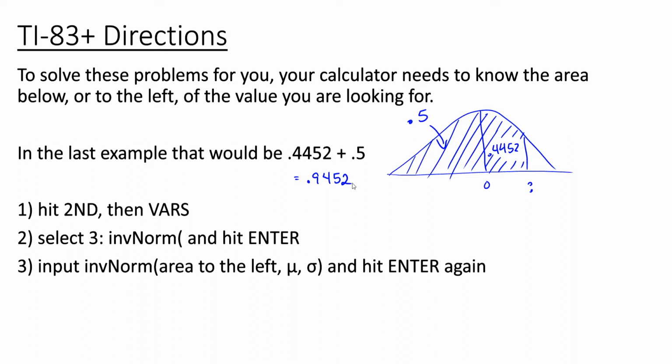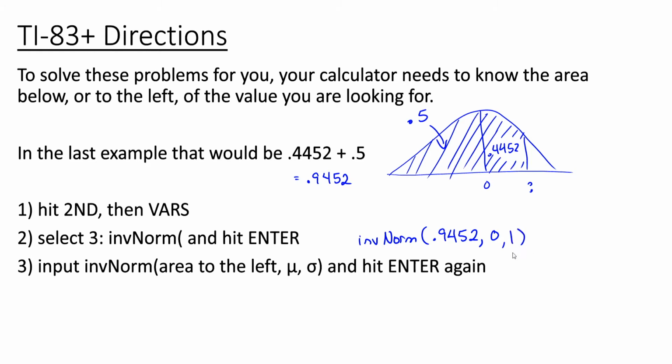0.9452. So what you would input into your calculator in this case, you would hit second, then bars, pick the third option, which is inverse normal, hit enter, then you want to input the area to the left, which in this case is 0.9452, and then your mean and standard deviation.